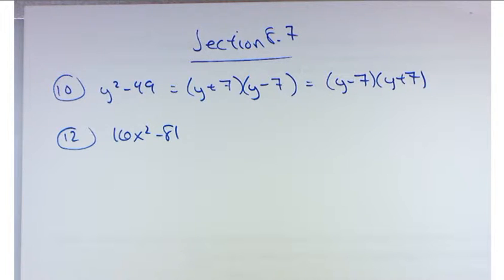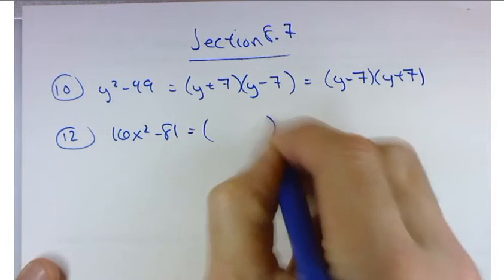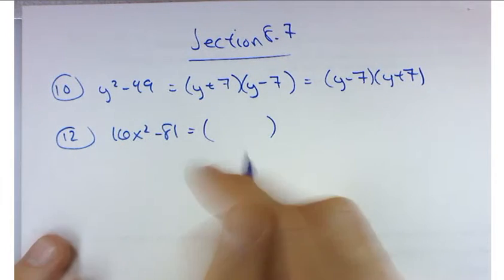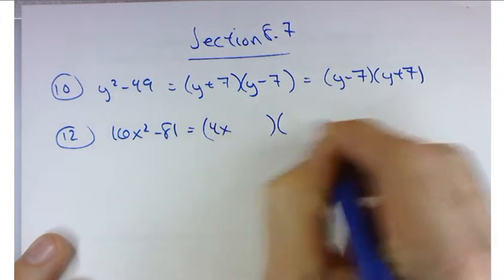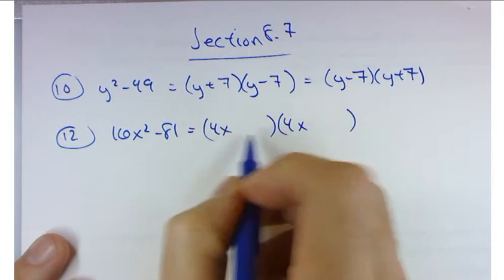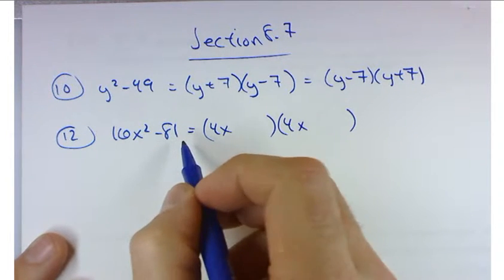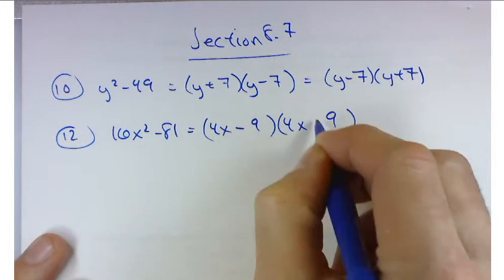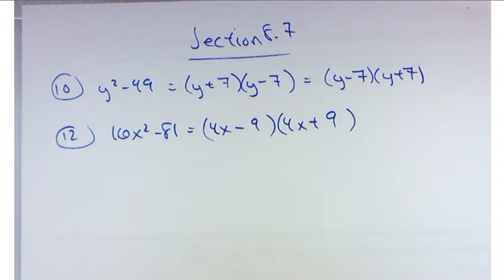So start thinking about the difference of squares. What would you square to get the first term? 4, a little bit more. 4x. So I'll need a 4x here and 4x here. How about the second term? What do we square to get that? Yeah. So you need a minus 9 and a plus 9. And the order doesn't matter as long as you have opposite signs for both of those.